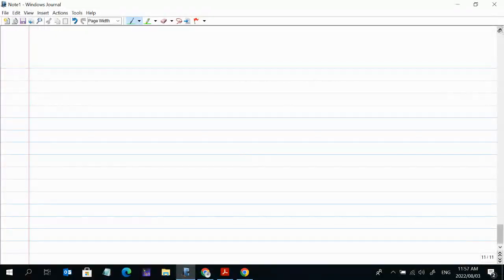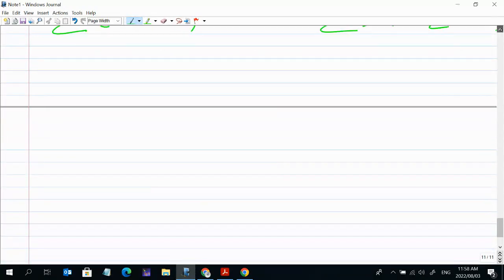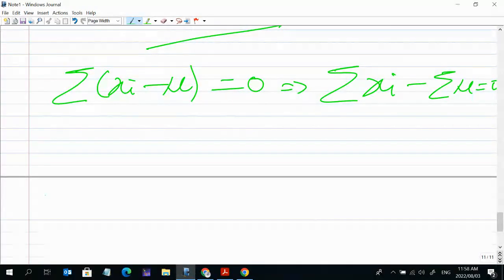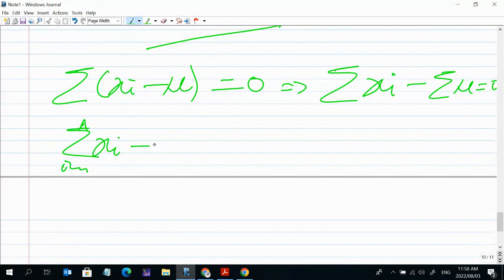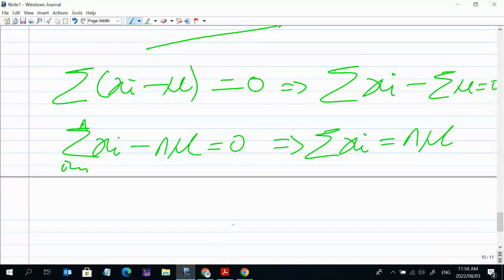Now, mu is a constant. When you sum a constant n times, you get that constant multiplied by n. So we have n mu, which is equal to 0. And this implies that we can take this term to the right, and when we do that, we have summation of xi equal to n mu.